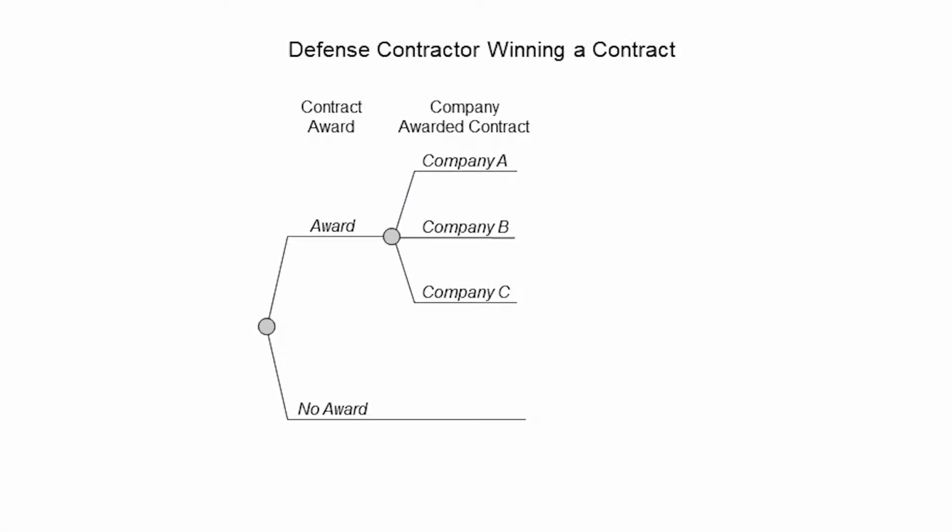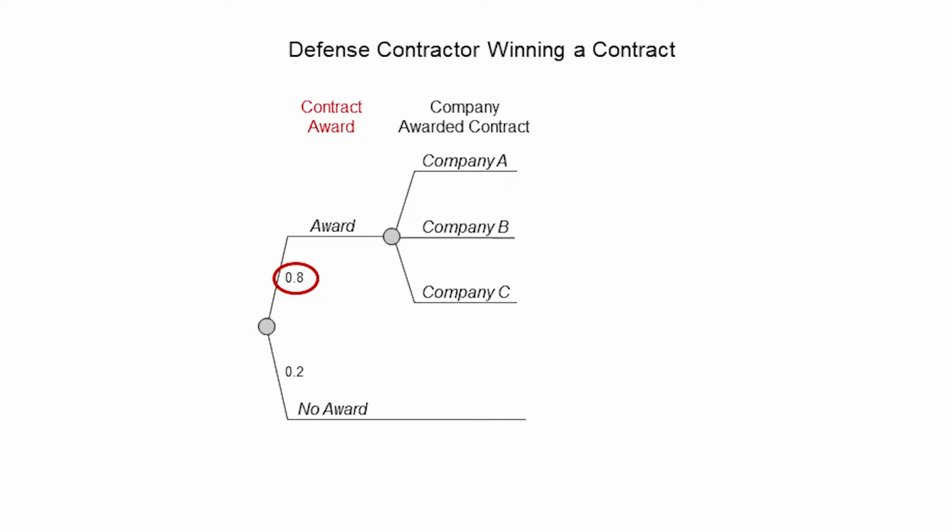This is an example of a tipping point for a defense contractor achieving the material consequence of winning a major contract. To win, the contract must first be awarded, which is not certain to occur and is assessed to have an 80% chance of being awarded by the government.